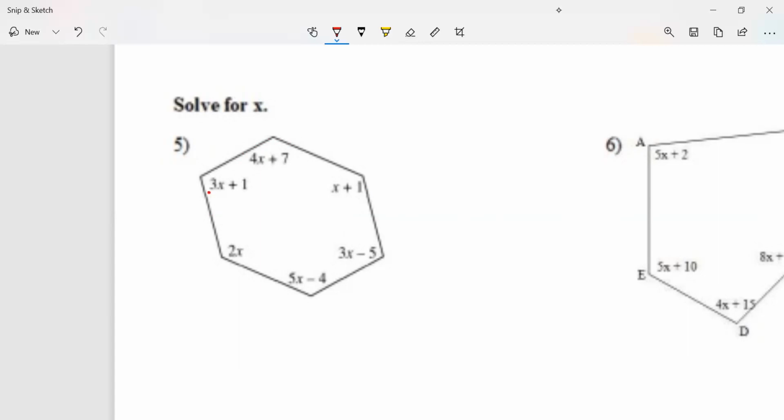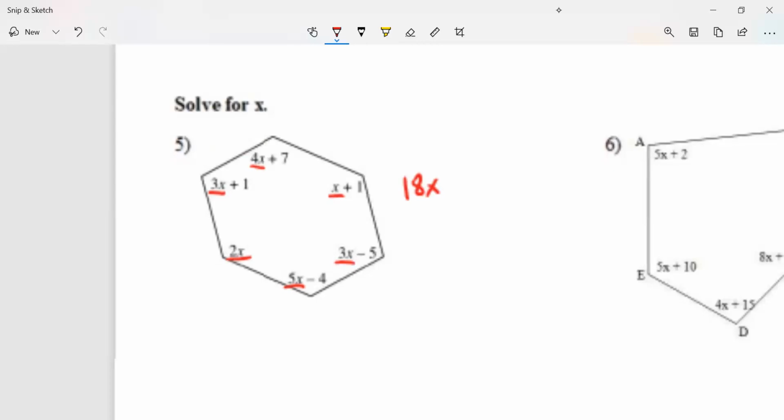So when it comes to x, I see 3x plus 4x plus 1x plus 3x plus 5x plus 2x. Let me combine my like terms, and that happens to give me 18x.